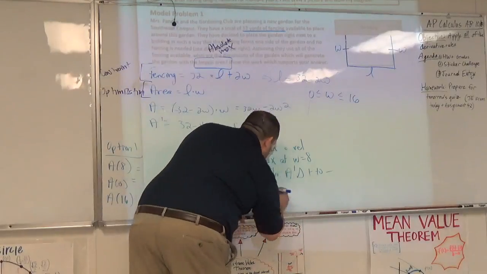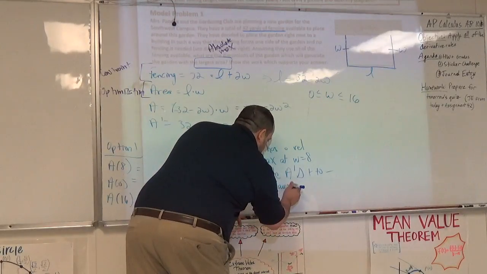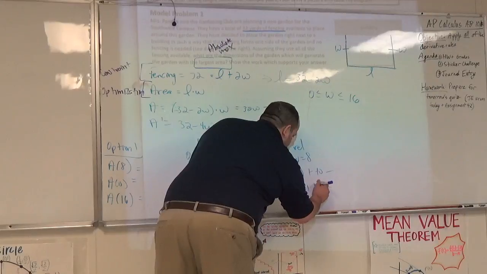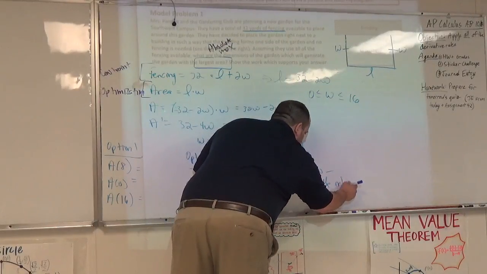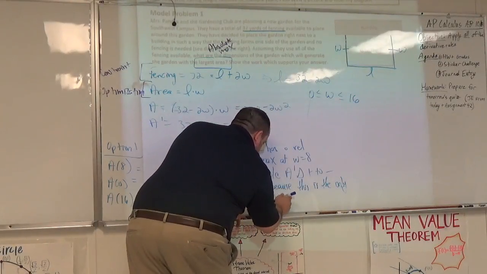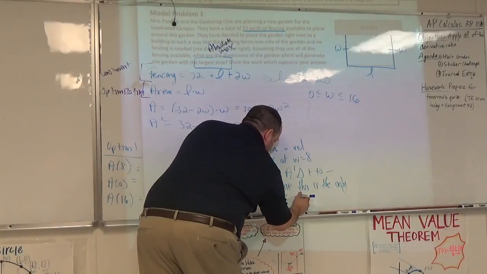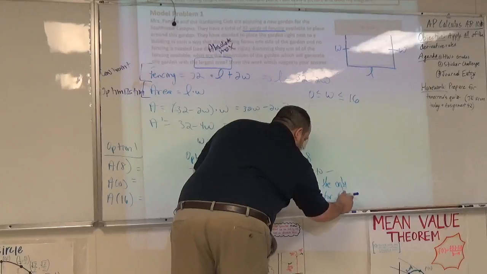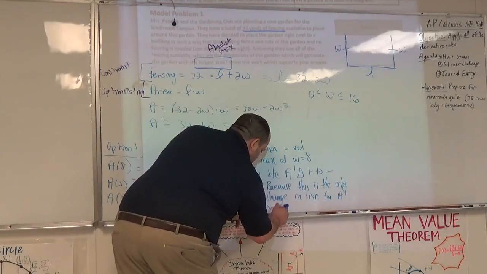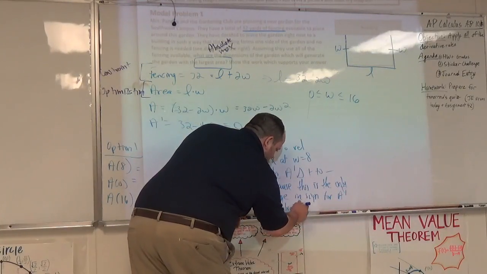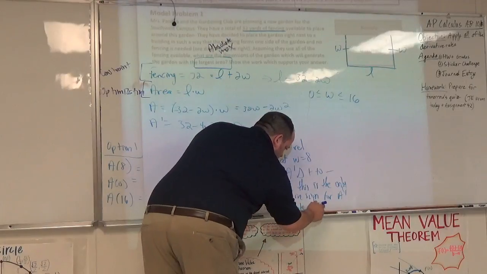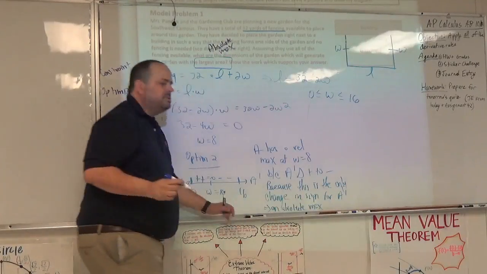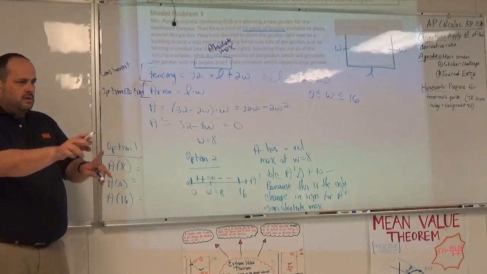So I'd say something like, because this is the only change in sign for f prime, this implies an absolute max. How's everybody doing with this idea?